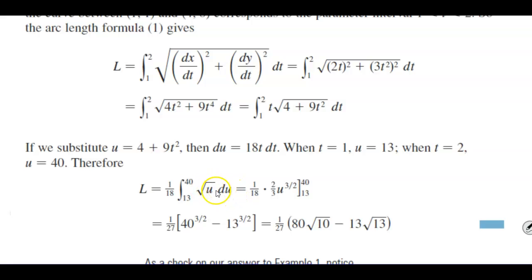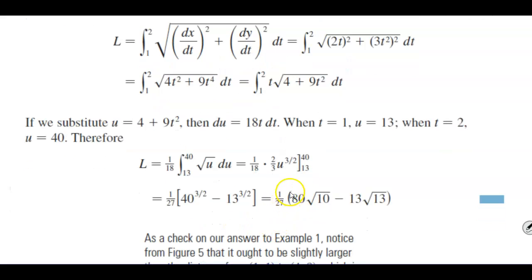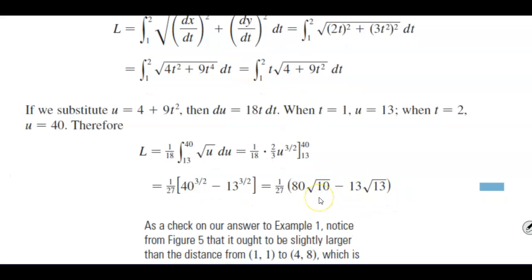Taking the antiderivative of that becomes 1 over 18 times 2/3 u to the 3/2, with a lower limit of 13 and an upper limit of 40. And then we evaluate according to the upper and lower limits. And then we get the result of 1 over 27 times (80 times the square root of 10 minus 13 times the square root of 13). Now we can go a little further to figure out what that approximation would be, but that is our result.